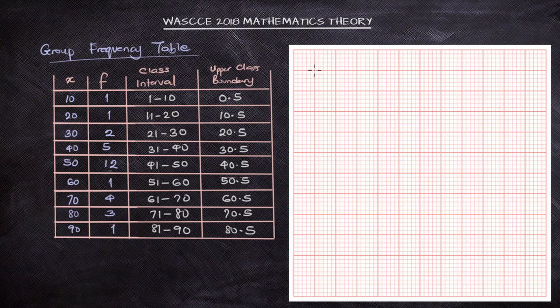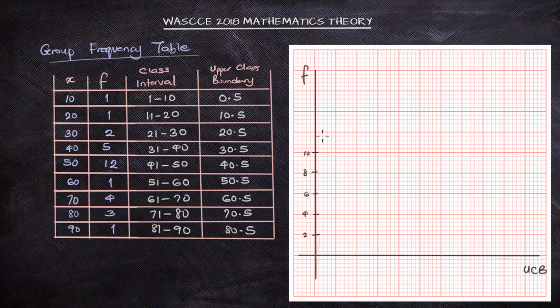So now we can construct our histogram by looking at the x and the y axis. I've scaled with my eyes to know that this is the best fit for my graph. So I have my frequency, I have my upper class boundary. On the frequency scale, I'll be using a linear scale of 2 centimeters to represent 2 units.